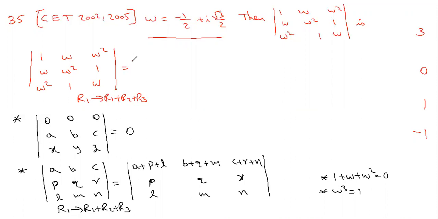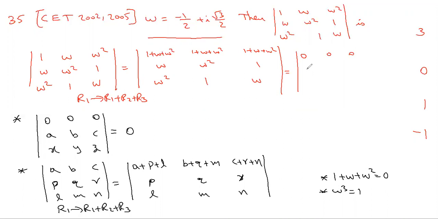So still this determinant remains the same. So you get 1 plus omega plus omega square in each entry of the first row, and the remaining elements remain the same. And again, now you'll think about the property that 1 plus omega plus omega square is 0. So then you will fill the first row with zeros, and the second row will remain the same. And again, using the property that one row completely 0 gives the answer 0, that is the second option.